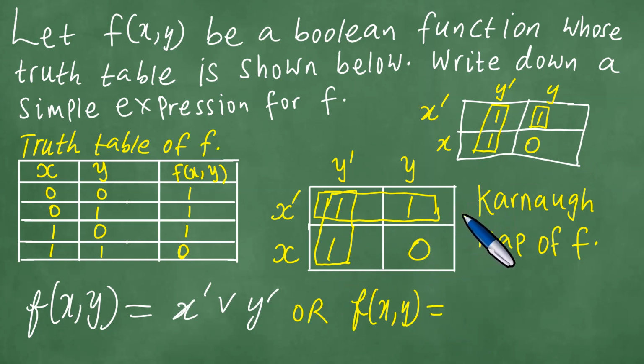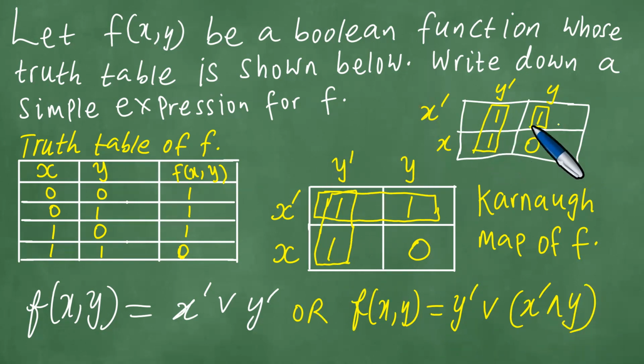How else can it be written differently? This would be, for example, your y primed column, or this one would be your x primed and y. X primed and y. So this is y primed.